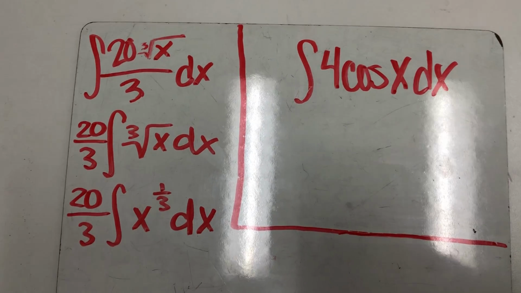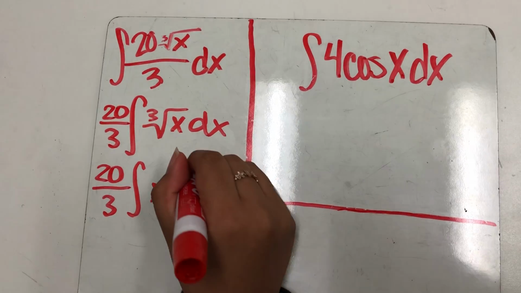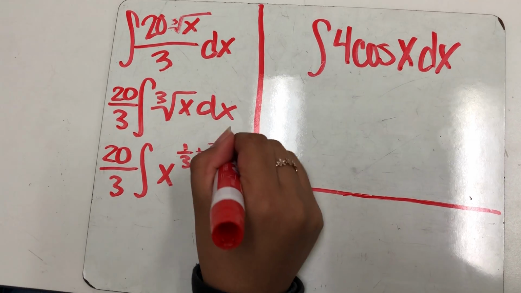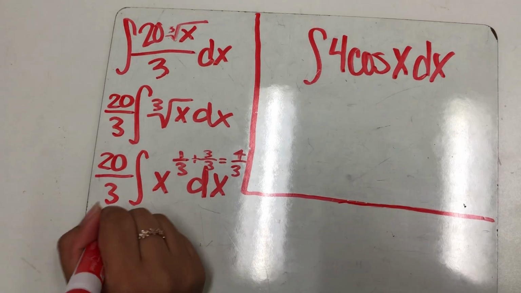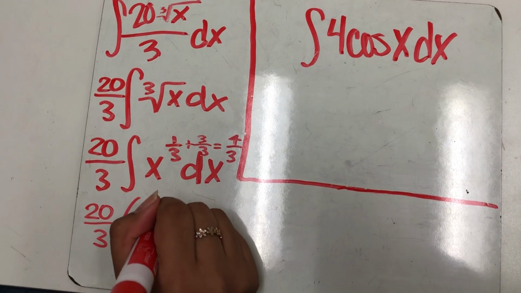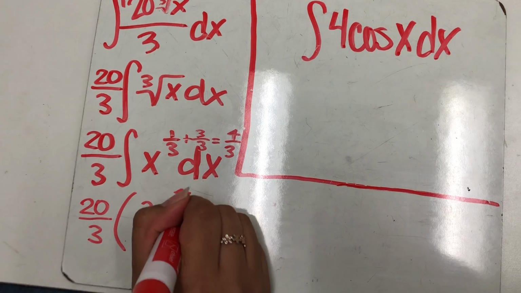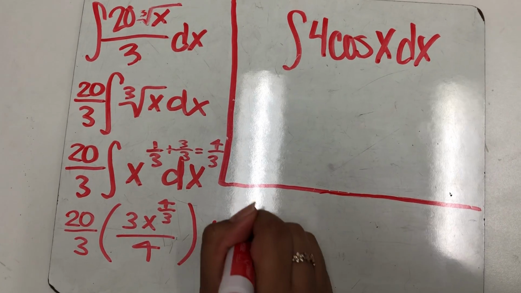So our next step is we're going to take the antiderivative, which we know is you have to add 1 to the top, and then when it comes to fractions, we have to multiply by the reciprocal. So in this case, the reciprocal of 4/3 is 3x to the 4/3 power over 4 plus c.